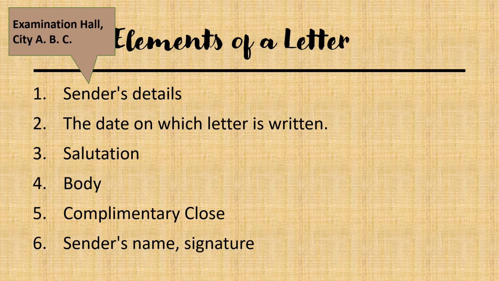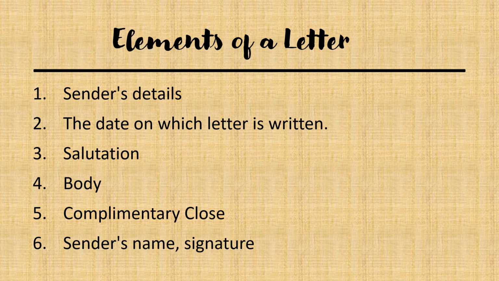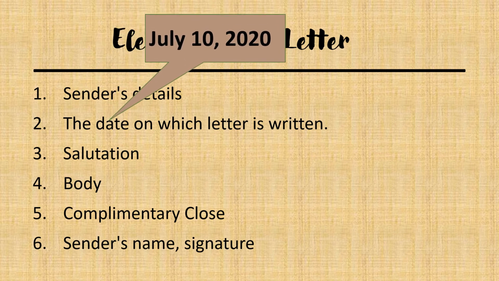On the second line, we write City, where C is capital, A full stop, B full stop, and C full stop. On the third line, we write the date on which the letter is written, in this manner: July 10, comma, 2020. There are many other formats to write a date, but you can stick to this.